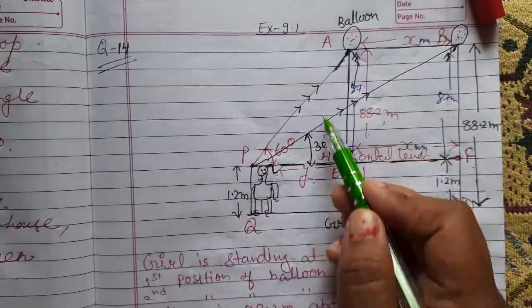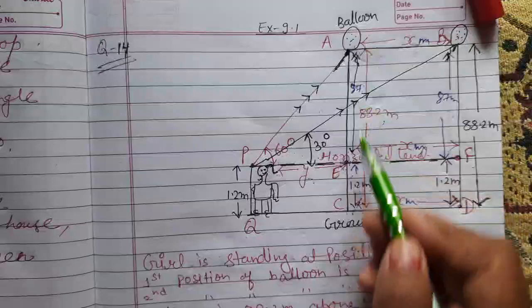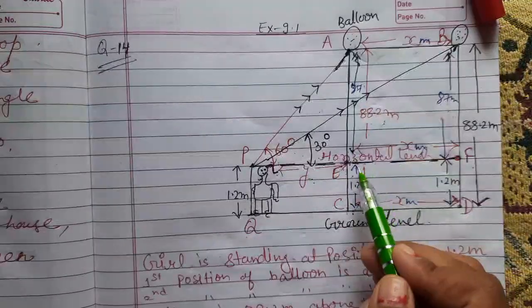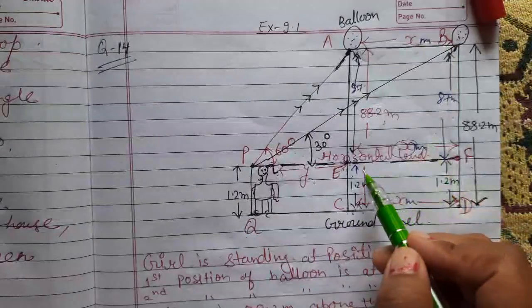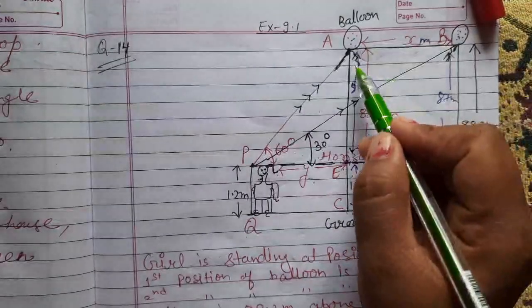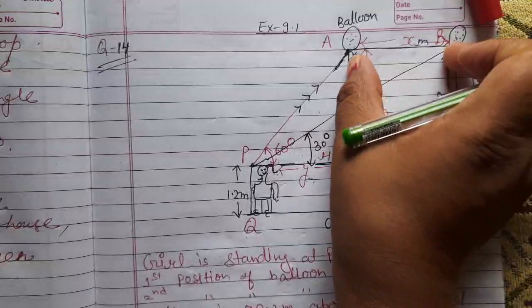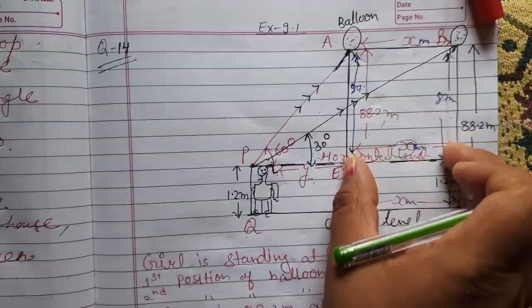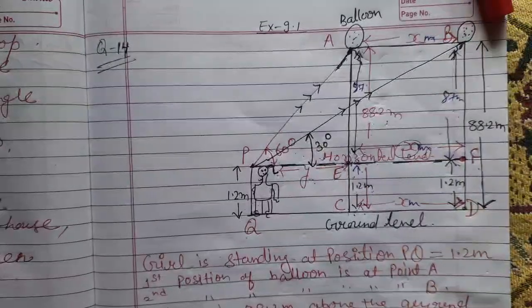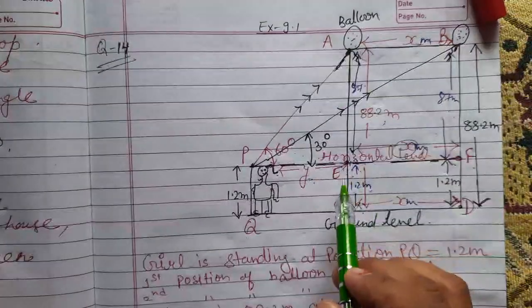This y we have already calculated from triangle AEP, and now we can easily calculate this x. So this x, EF, will be equal to AB, because both lines are parallel and the distance between two parallel lines is equal.